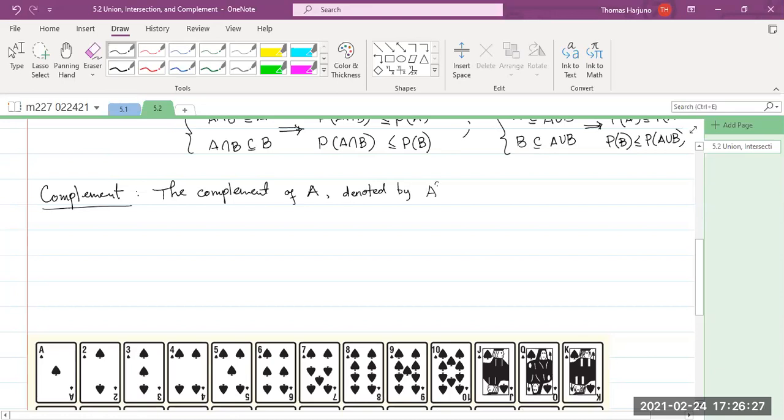However, that notation is actually harder to use, so in my class, I will use A bar. In fact, that's a more common notation when it comes to complement. Some other textbooks use A prime. I will use A bar.